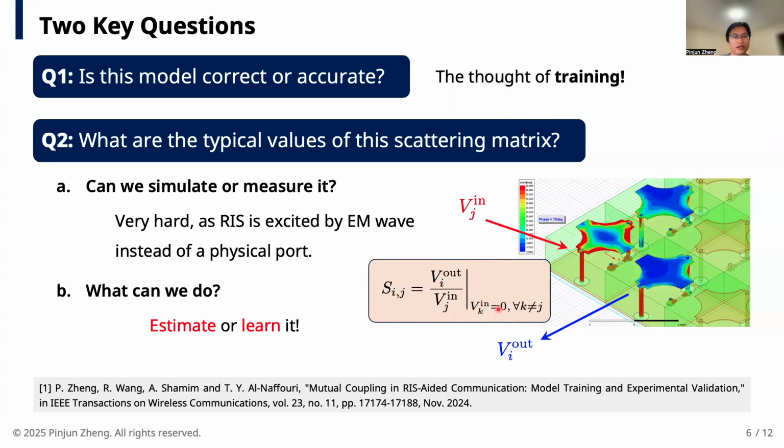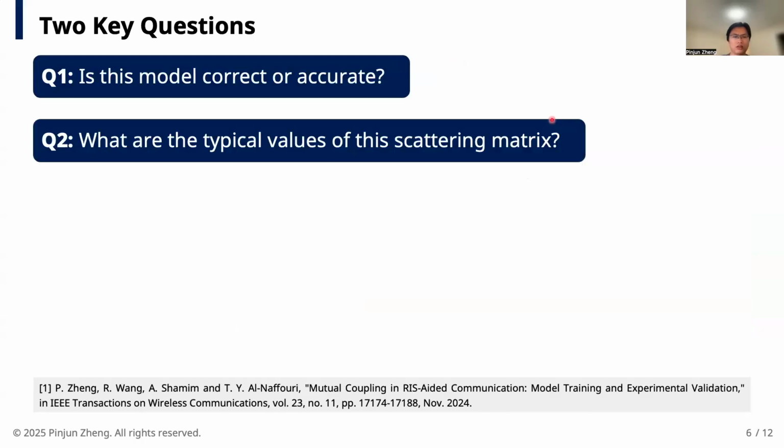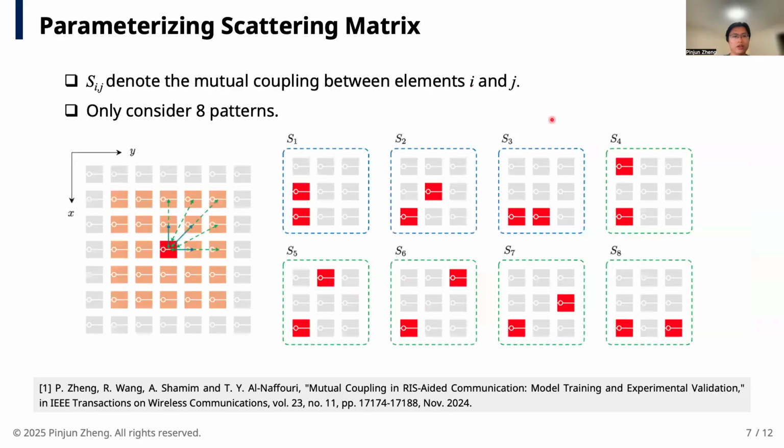But before we do that, we do not want to estimate every entry in this matrix S, because S might be a very large matrix, especially when we consider large-scale arrays. So what we can do is to first parameterize this scattering matrix. We already know S_ij denotes the mutual coupling between elements i and j.